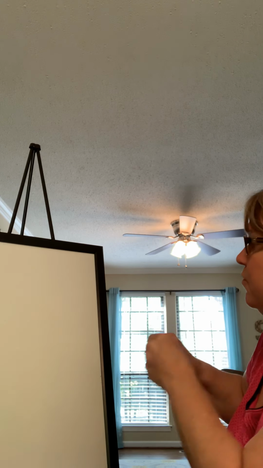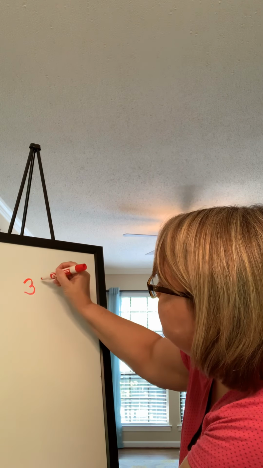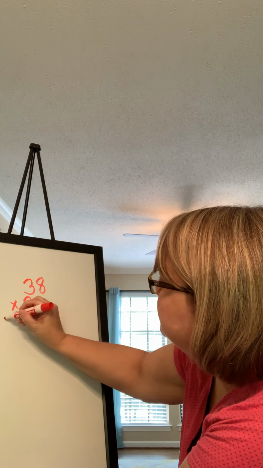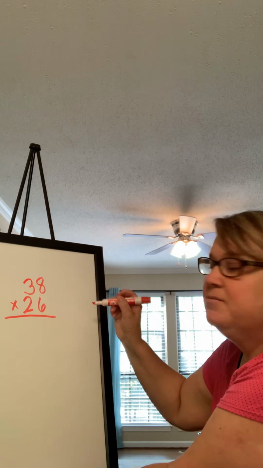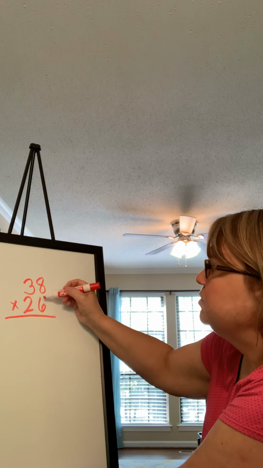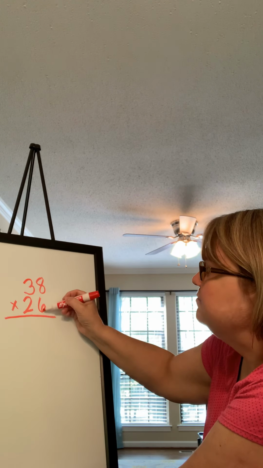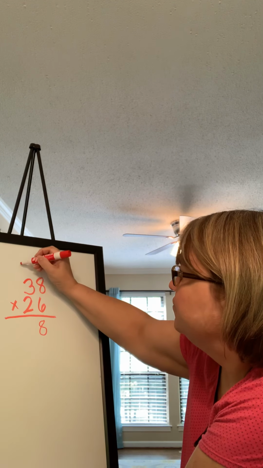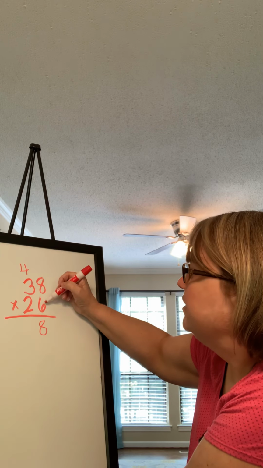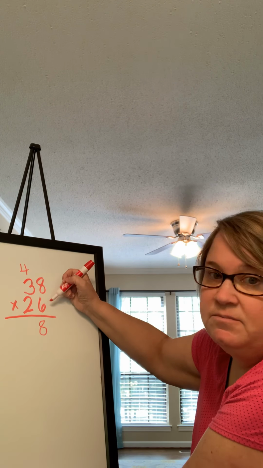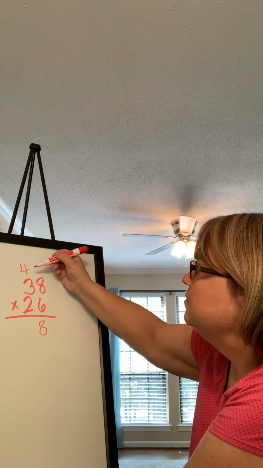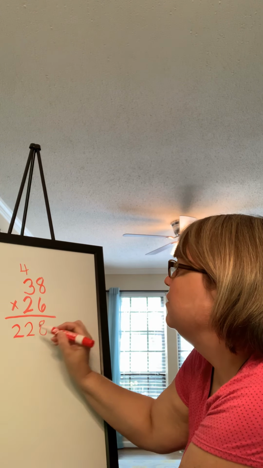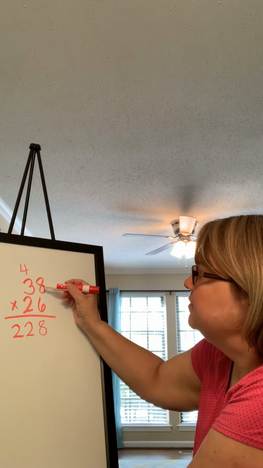And we're going to do 38 times 26. 8 times 6 is where we'll start. 38 times the 6. 8 times 6 is 48. 3 times 6 is 18 plus 4 is 22.